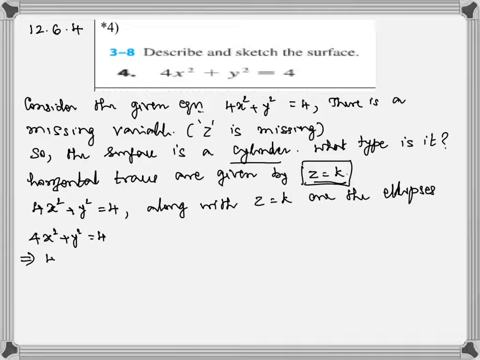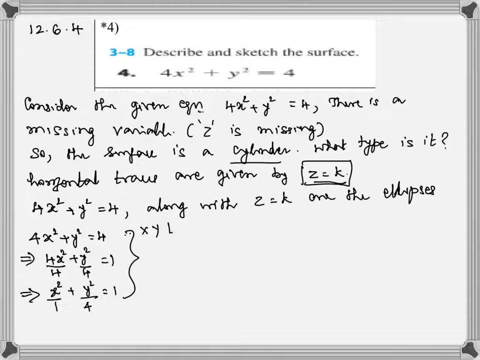If we divide throughout by 4, you get x²/1 + y²/4 = 1, which is an ellipse on the xy plane, cutting the x-axis at plus 1 and minus 1, and the y-axis at 2 and negative 2.